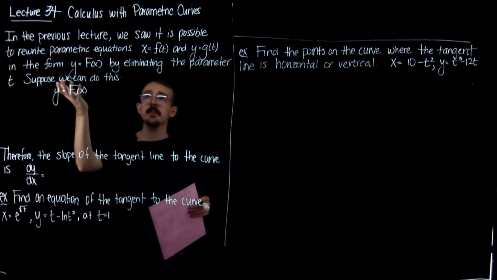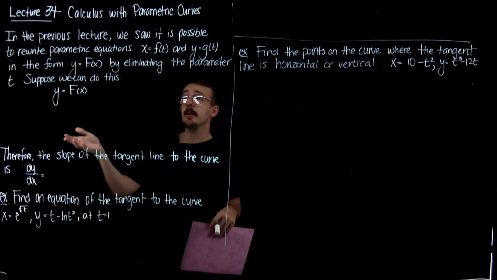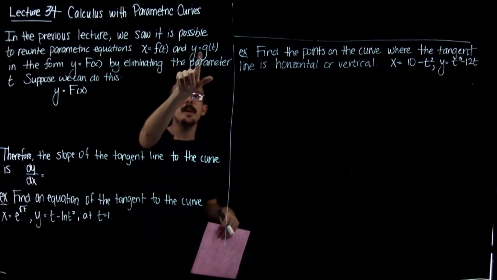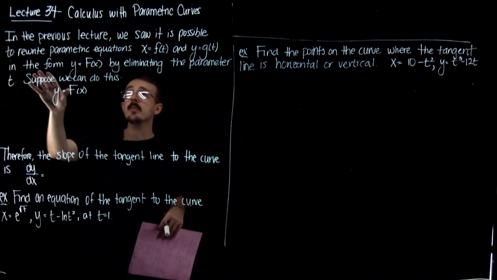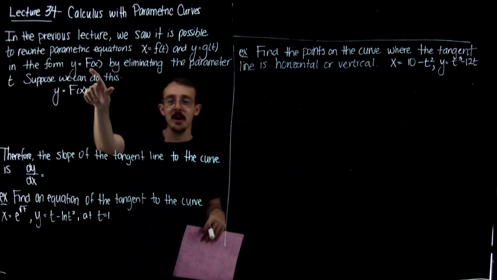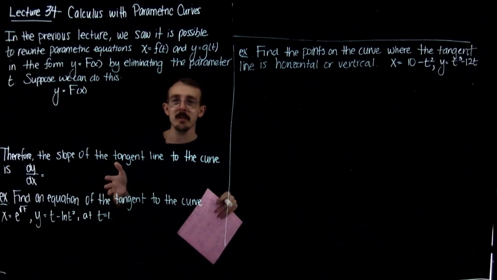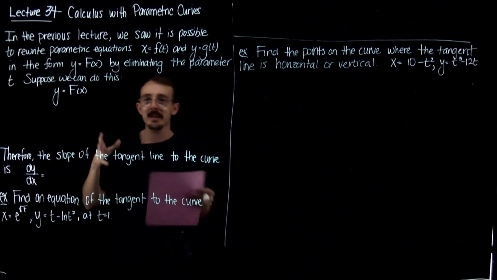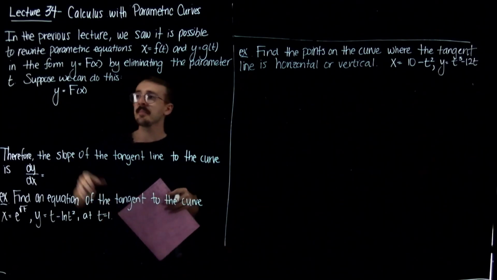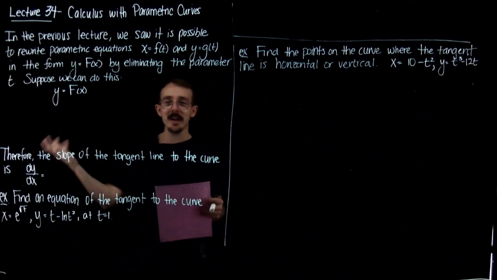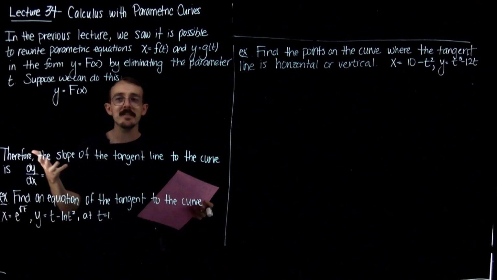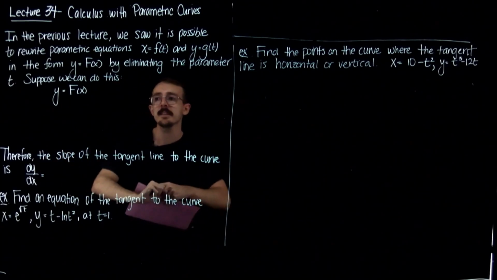So in the previous lecture, we saw it's possible to rewrite parametric equations. So there were two equations just like this, x equals f of t and y equals g of t. And we could write it in the form y equals f of x, where we got rid of the parameter t entirely by doing some kind of substitution or something like that. So suppose that you're able to do that. Suppose we're in this situation like we were last time, where you can get rid of that t variable, and you can write the equation like this.